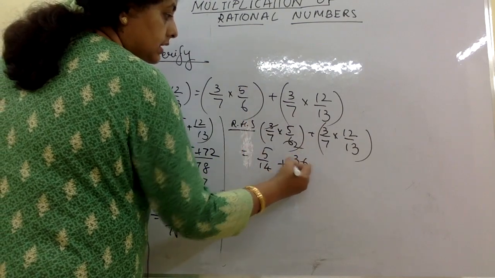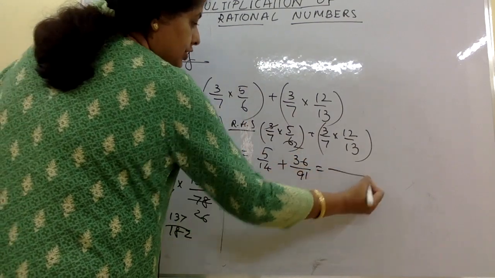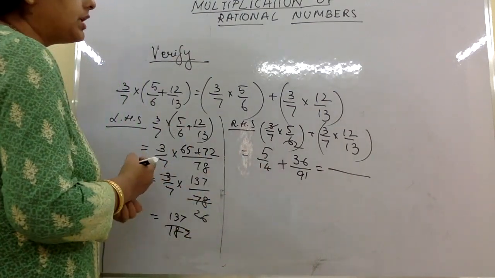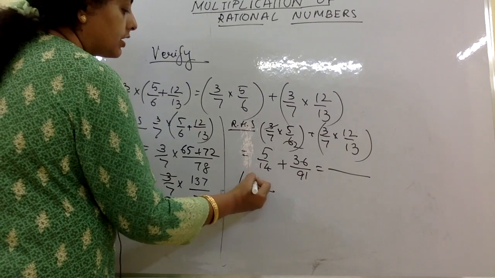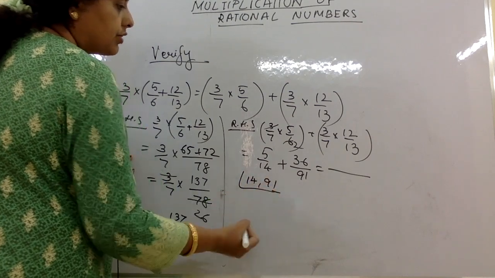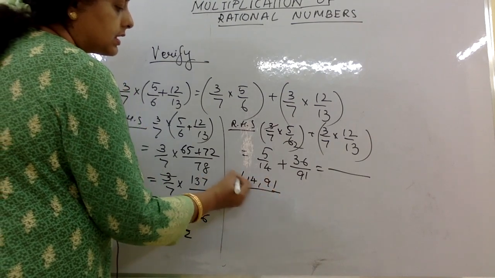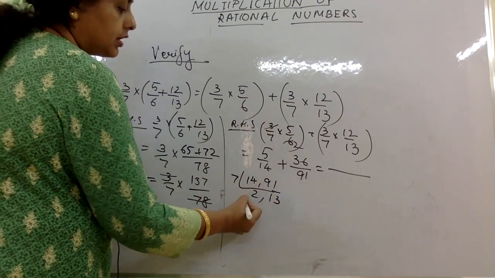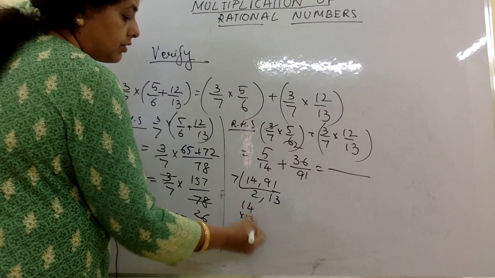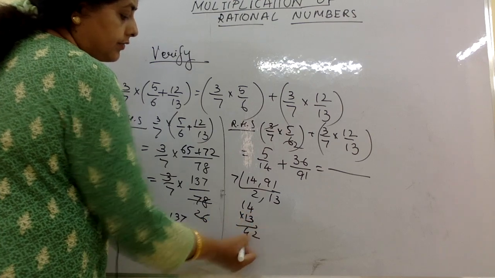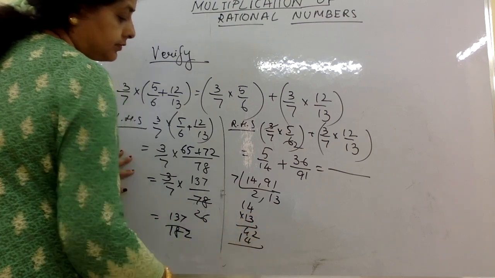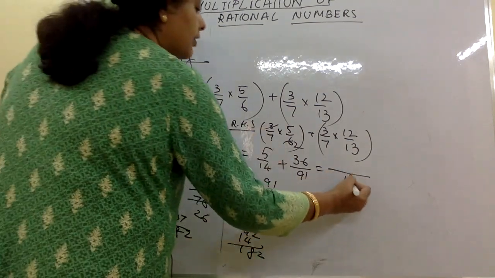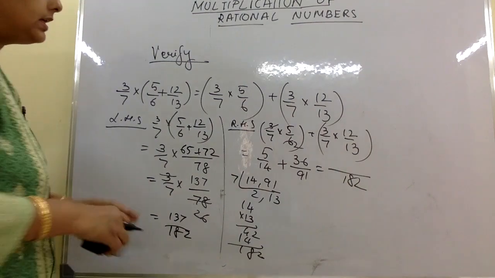This is 36 by 91, okay, 91 and 14. What is the LCM? Let me work it out here, because we need to do rough work. So this is 7 2s are 14, 7 13s are 91, 14 into 13 is 182. Okay, so 182 is my LCM.